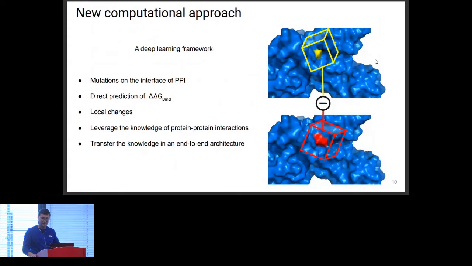Then we developed a deep learning-based framework to capture the local changes caused by the mutations that happen on the interaction surface, on the interface, and try to estimate directly the changes of the binding affinity. In this path, we leveraged the knowledge that exists in the protein-protein interactions in the PDB and transferred this knowledge toward the tasks related to protein interactions.